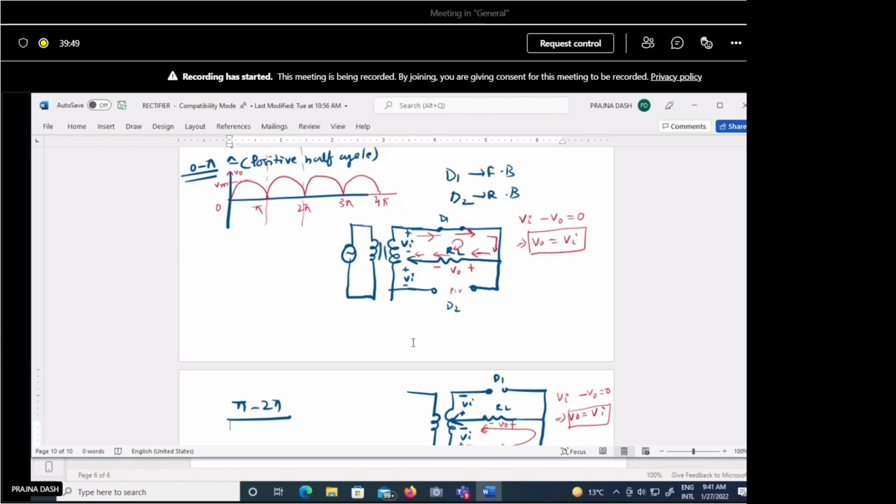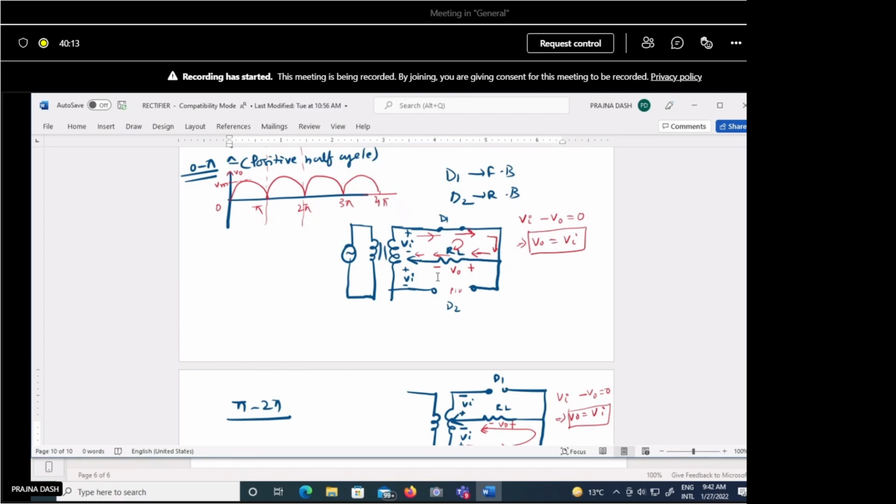There is no issue. But its PIV rating will be twice of VM, because in the previous case, the half wave rectifier case, when we were considering the PIV, the output voltage was 0. Due to the reverse biasing there was no current across the load and the output was 0.